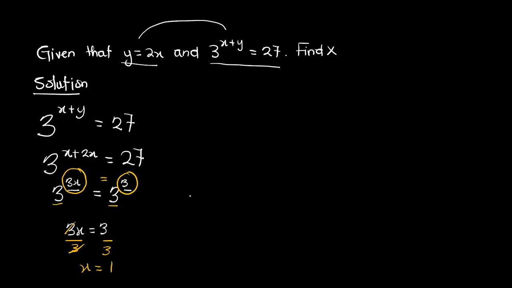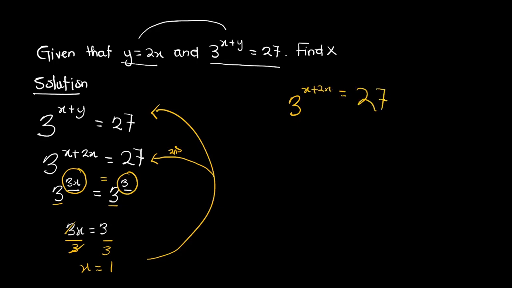To prove that our answer is correct, we need to substitute it back. You can substitute it into either equation, so let's use the second one in this particular case. I have 3 raised to the power x plus 2x is equal to 27.